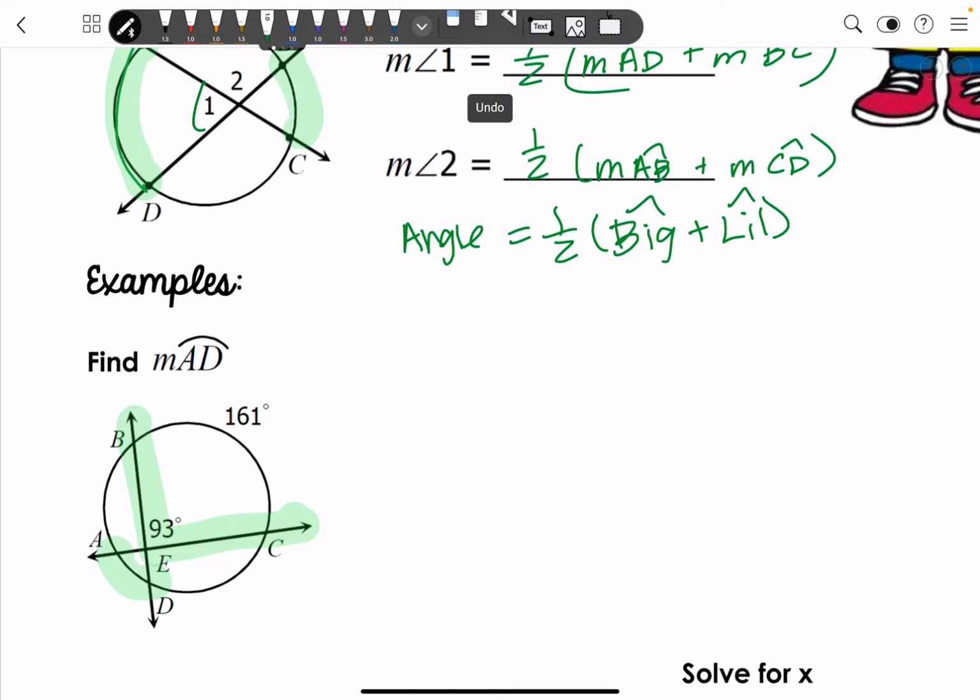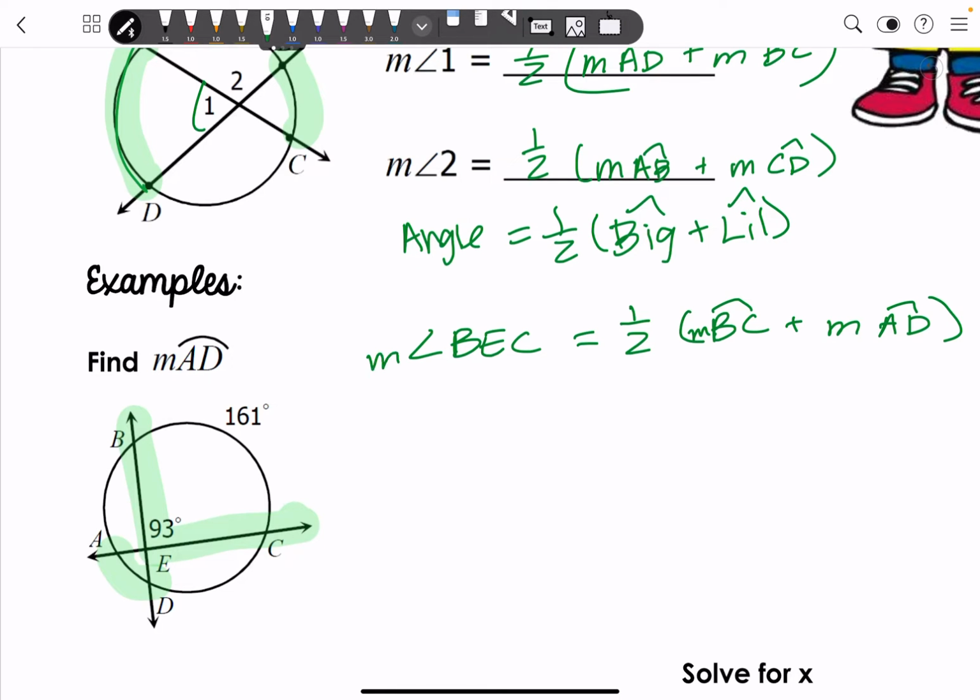Our angle, so angle BEC, is equal to half of my big arc, which is arc BC, plus the measure of arc AD, which is my little arc, the one that I'm actually looking for. So the measure of angle BEC is 93 degrees, and that is going to be half of 161 plus the measure of arc AD.